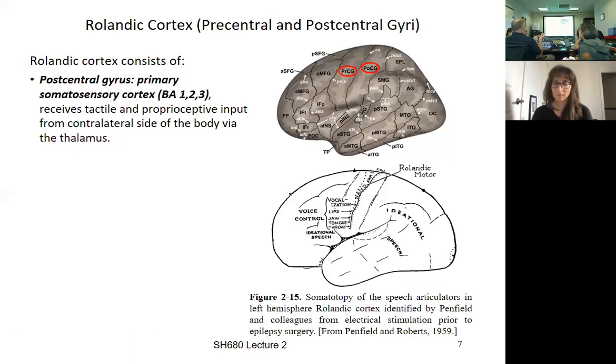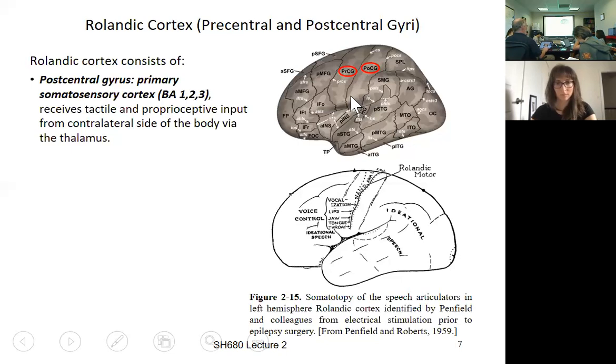On top of all of that, the distinction between primary and secondary is way more binarized than the reality. The reality is it's a continuously changing thing, and the same is true of premotor and primary motor cortex, as we'll see. So it doesn't really matter if people call this S2 or secondary somatosensory cortex or whatever. That doesn't give you much more information.